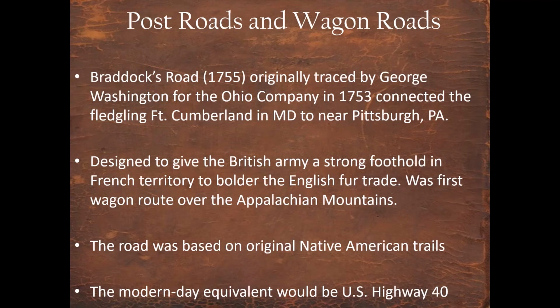So Edward Braddock, a couple of years after George Washington traces this route that he feels is the best, the smoothest route to create a wagon road for getting British troops as well as British supplies, colonial troops and supplies, up into the Pittsburgh area, up into Washington County.